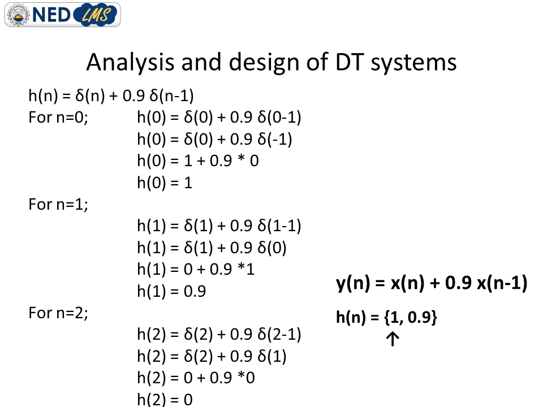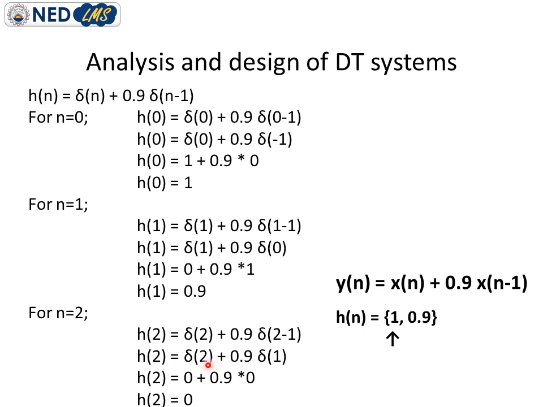And if we put the values of impulse function at these time instants, which is delta of 2 or delta of 1, then we know that at n is equal to 2 delta remains 0, and at n is equal to 1 delta remains 0. So the overall impulse response at n is equal to 2 will be 0.